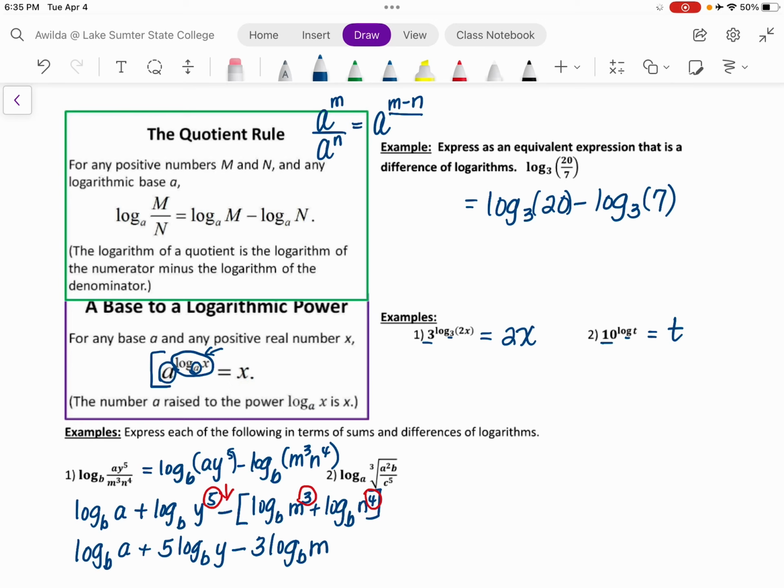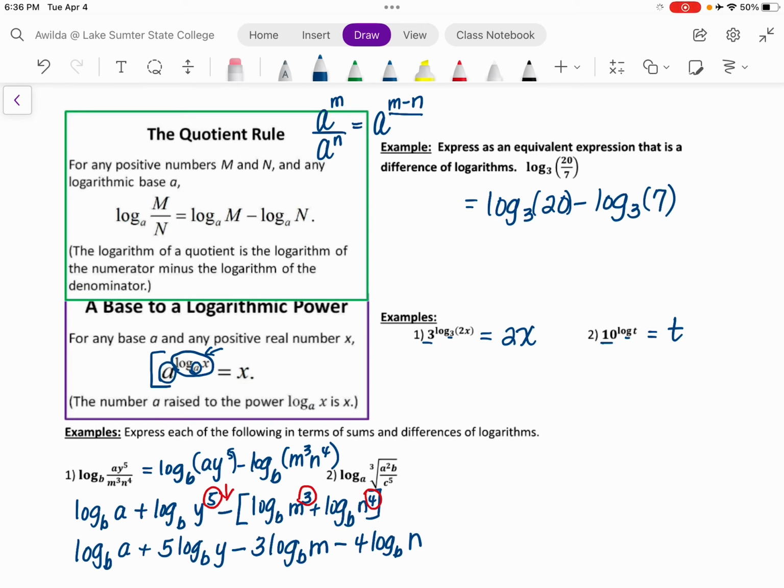And next I can bring the 4 down, 4 times logarithm base b of n. And I'll go ahead and distribute the negative sign in front of the brackets, and so this will become subtraction. So this 4-term expression is what we're looking for in terms of sums and differences of logarithms using all of the above properties and rules.